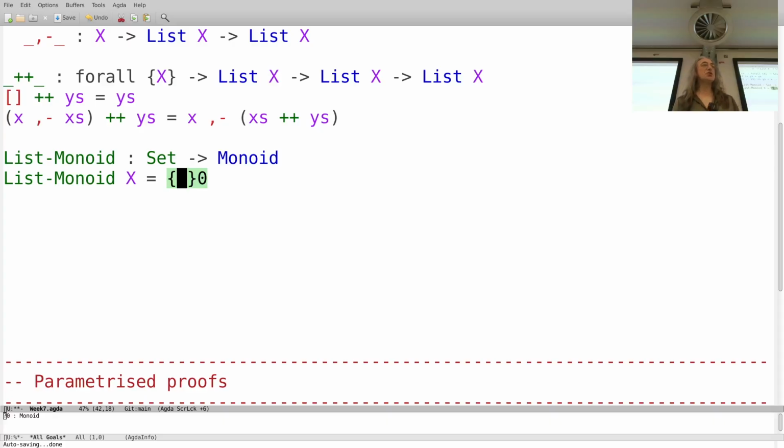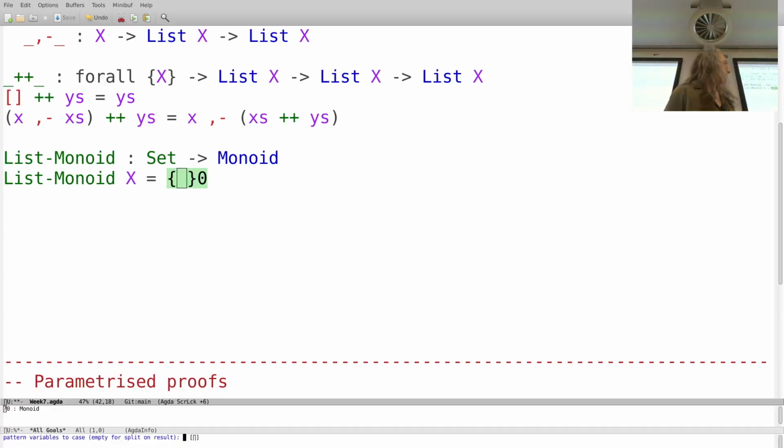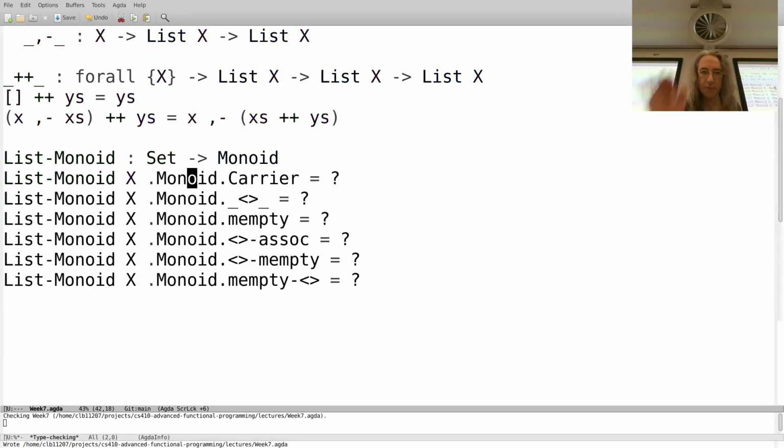Well, the same is true when you have a record as an output. You can say, split this problem into pieces. You see, it says in very small print, pattern variables to case, parentheses, empty for split on result. So that's what I'm going to do.